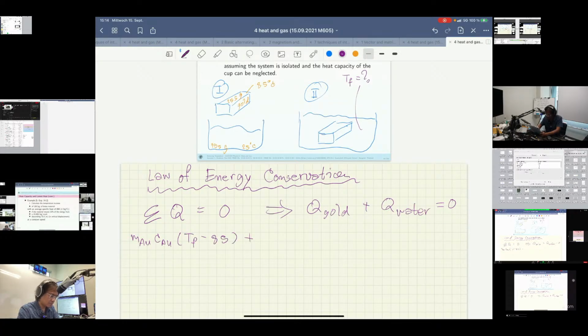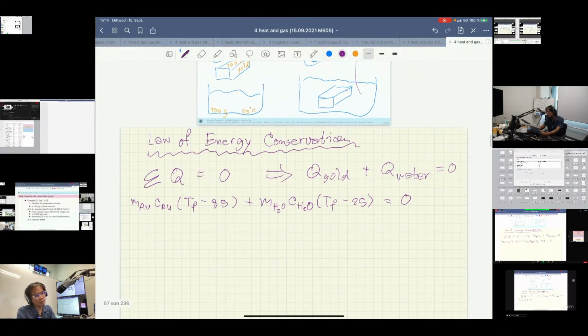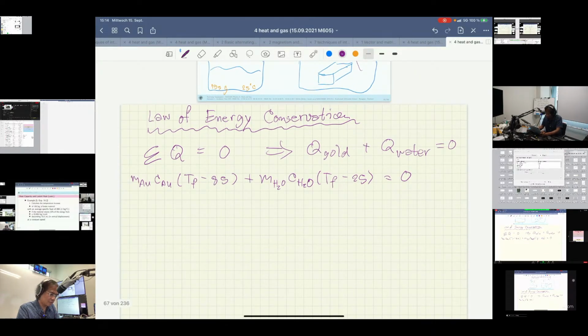And plus the mass of the water, H2O, C of H2O, and TF minus 25, equals 0. And you have to solve this equation for TF, right?